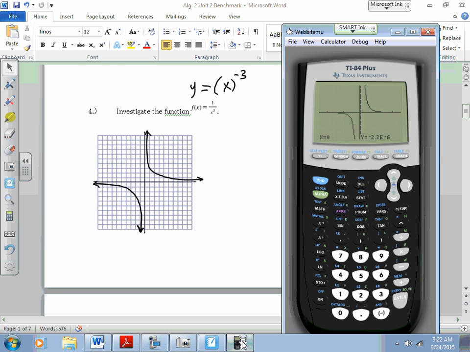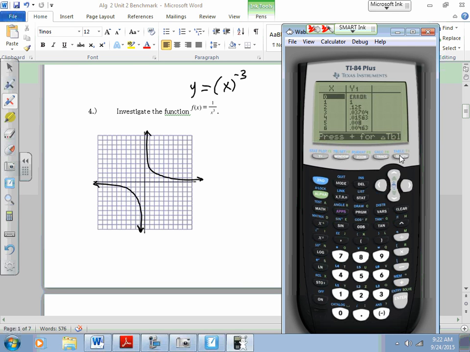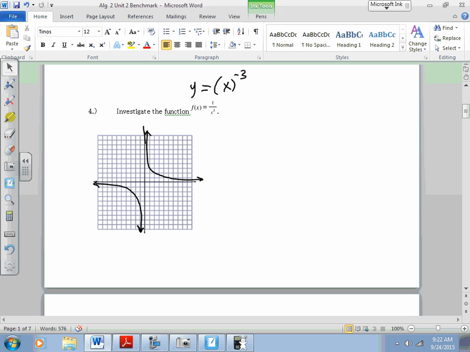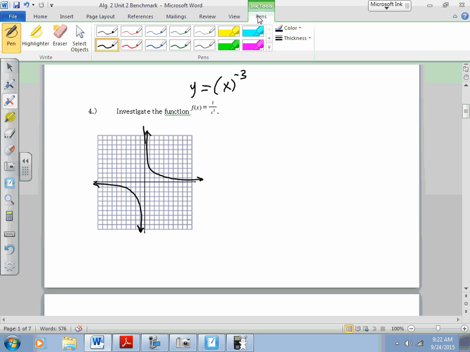If you were to pull up the table of values on the graphing calculator, there's an error when x is 0. When x is 0, that's really the y-axis. There's an error there, and that error means the graph will never touch the y-axis when x is 0.